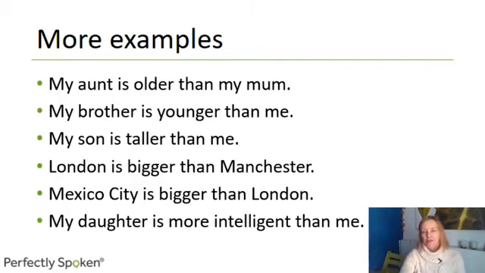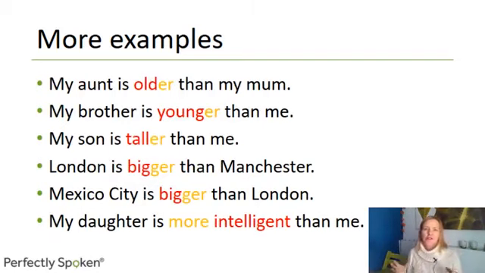Okay, so let's have a quick look at the adjectives. So here are the base adjectives: old, young, tall, big, intelligent. Okay, and you notice what happens with the adjectives when we are comparing two things. So you have different options.